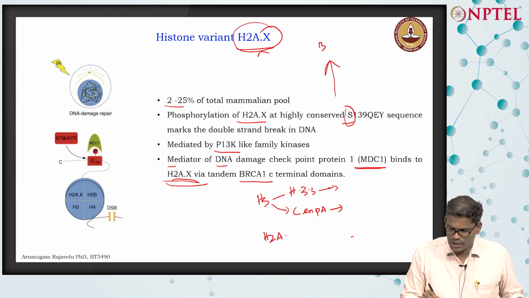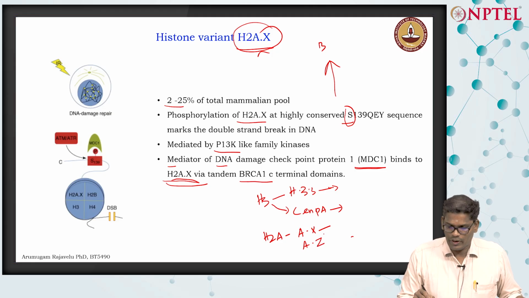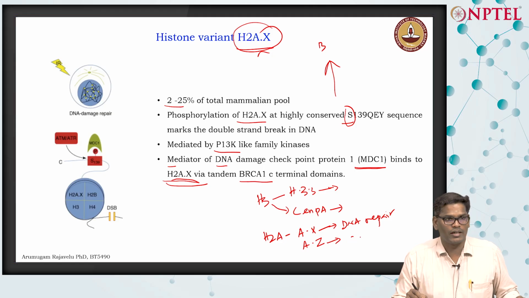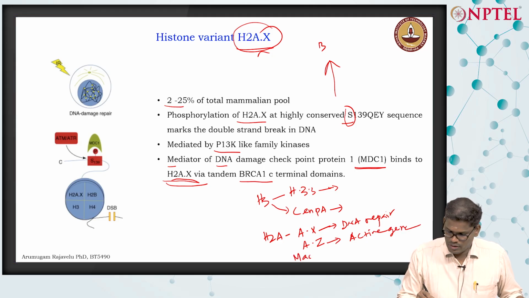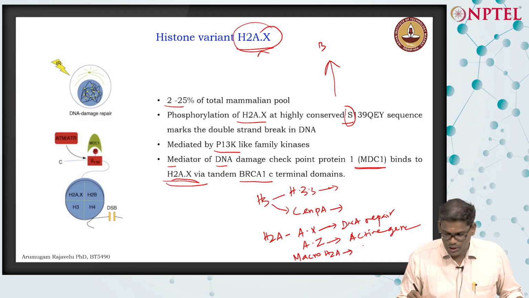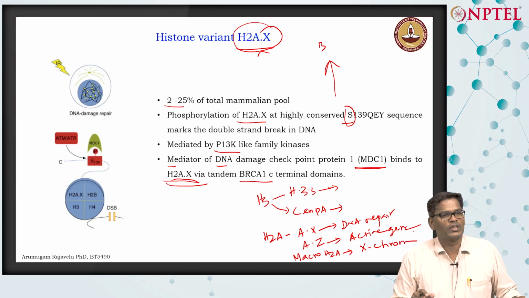Now H2A, you have H2A.X and then H2A.Z. H2A.X is for your DNA repair, and then H2A.Z is again for your euchromatin or active regions, active genes. Then I said macroH2A. This is for inactive chromosomes, particularly X chromosomes. So this is the major function of the histone variants.